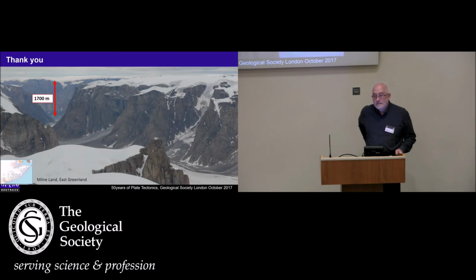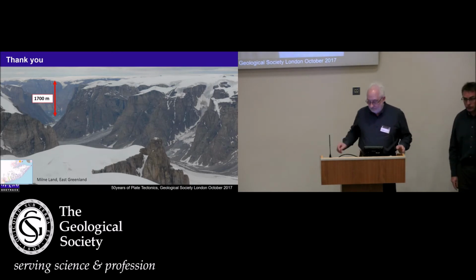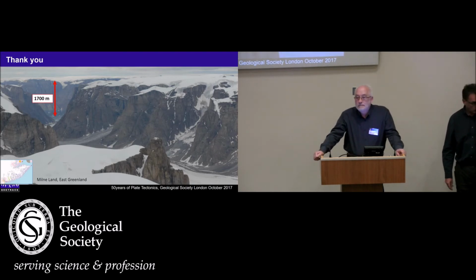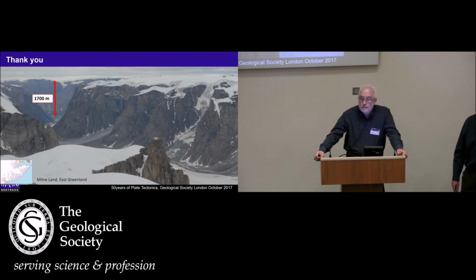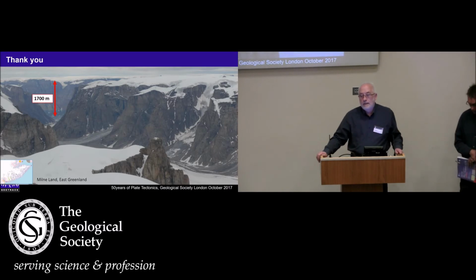Are there deltaic sequences offshore? If you remove those large amounts of material in pulses, then the stratigraphic record needs to preserve that. And is there an indication of the updip extent of these erosional episodes in the crustal thickness variations? Removing 3 kilometers is detectable, certainly, with many methods.